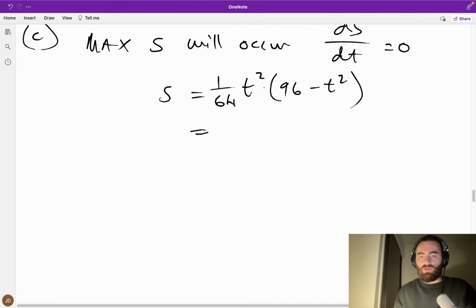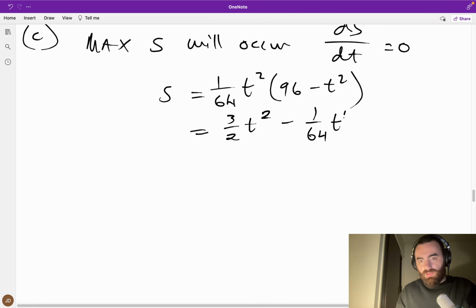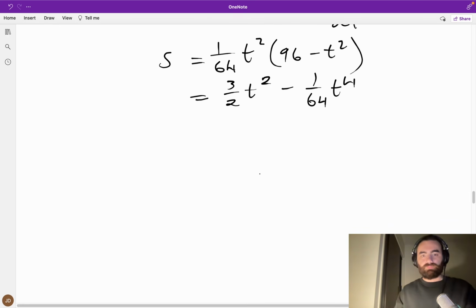Let's expand that because I know I'm going to have to differentiate. That's 3 over 2 t squared minus 1 over 64 t to the 4, right? 96 divided by 64. Yep.